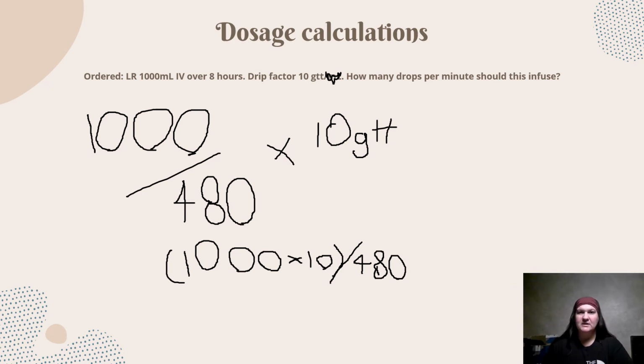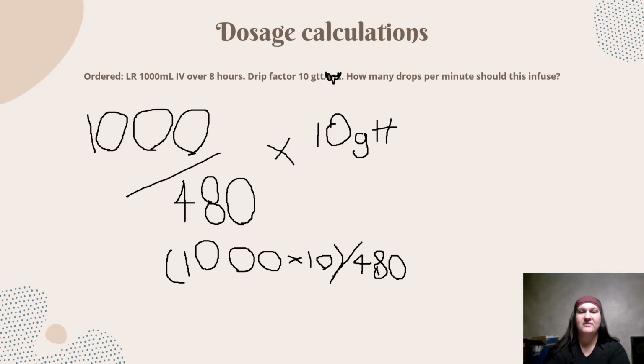But for the most part, the pump can't give a partial drop. So we're thinking about like a heparin drip, or a morphine drip. You can't give a partial drop, so you always round up.